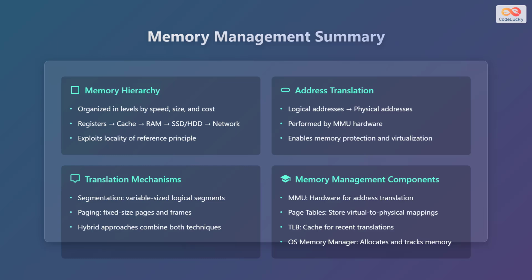We examined translation mechanisms such as segmentation, which uses variable-sized logical segments, and paging, which uses fixed-size pages and frames. Lastly, we identified memory management components, including the MMU, page tables, the Translation Lookaside Buffer, or TLB, and the Operating System Memory Manager.